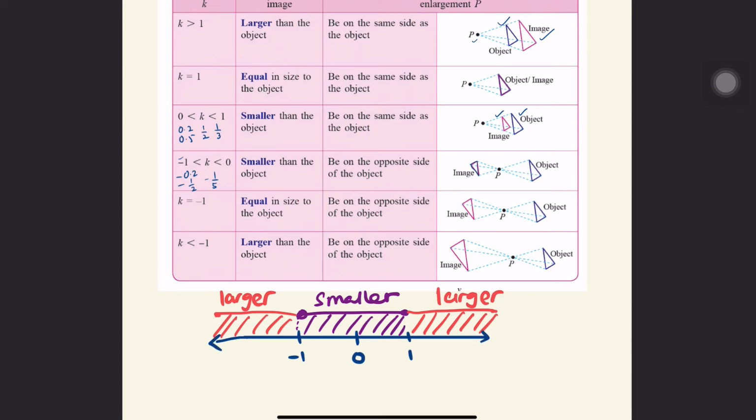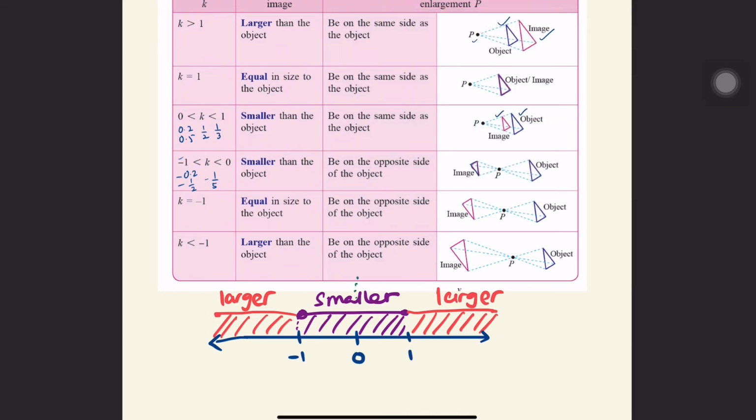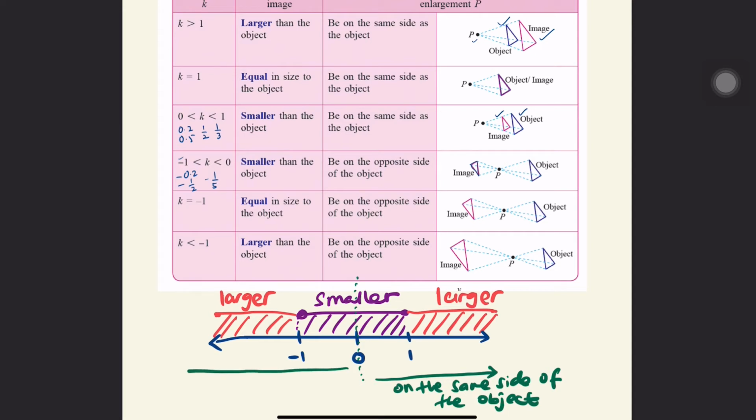When your value is more than 1, it is on the same side of the object. If it falls over here, it is on the opposite side of the object.